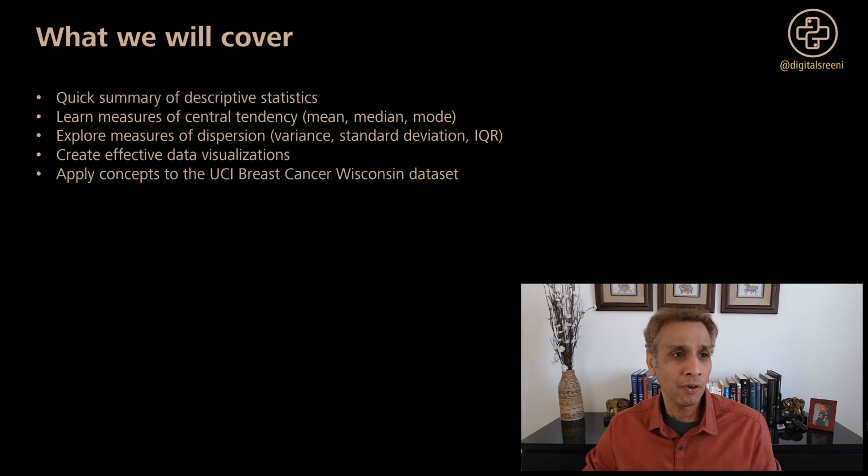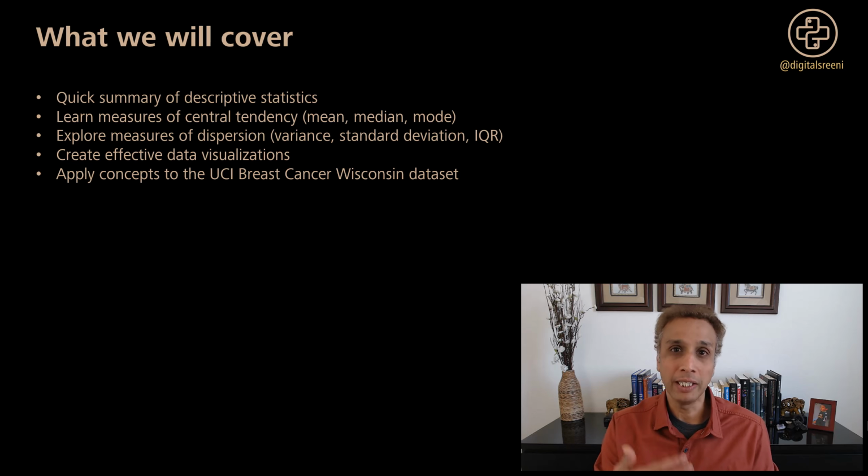Okay, so first of all, what we will cover in this tutorial is a quick summary of what descriptive statistics are. I mentioned a little bit about what this is in the last tutorial, but of course we're going to go a bit deeper in this one and learn about central tendency. As the name suggests, the key metrics would be mean, median and mode.